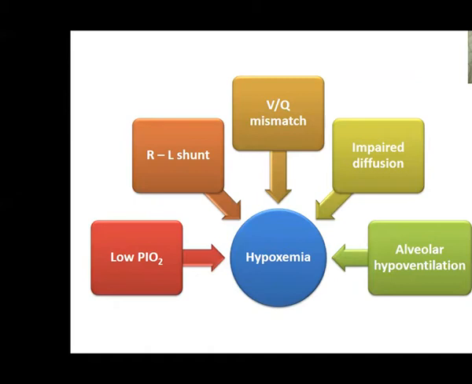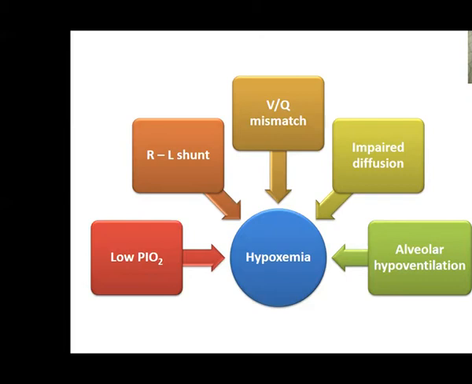Now, why do we have type 1 respiratory failure or low oxygen in your blood? These are the 5 basic mechanisms which cause low oxygen in your blood. First of all, we will give you the example of each. One is low inhaled oxygen.